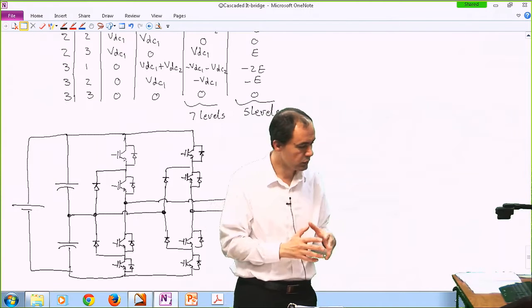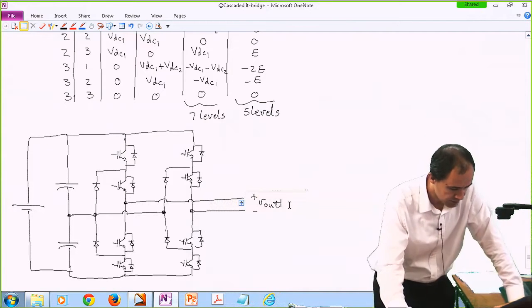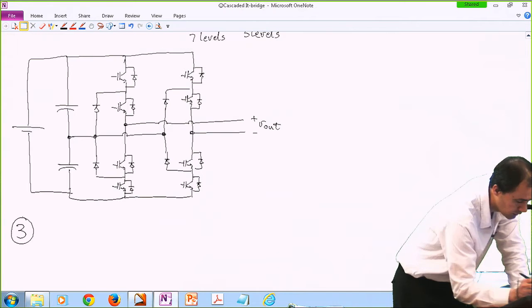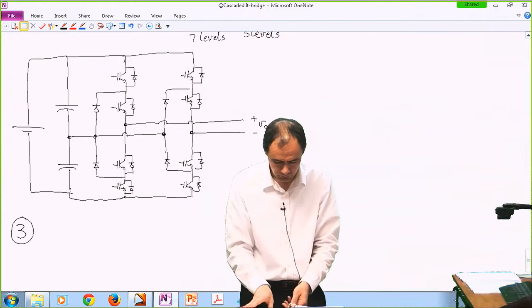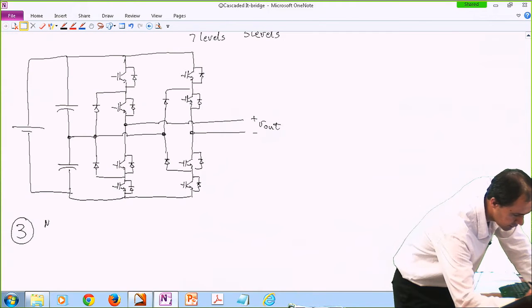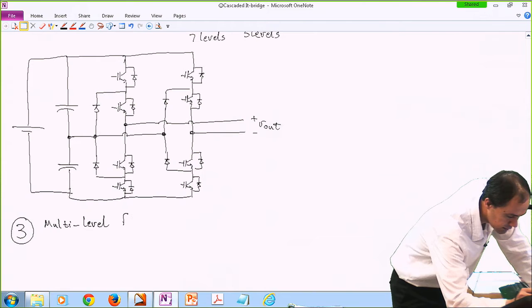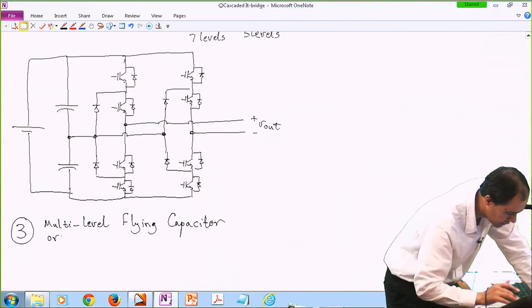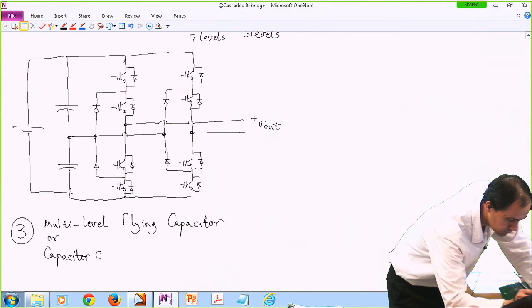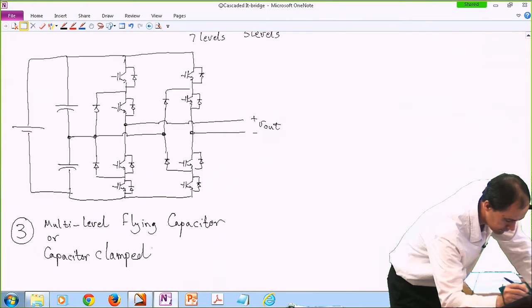Okay, so we're going to get to the third category of multi-level converters, which is called flying capacitors, or sometimes capacitor clamped multi-level converters.